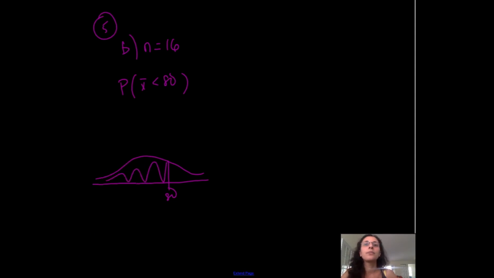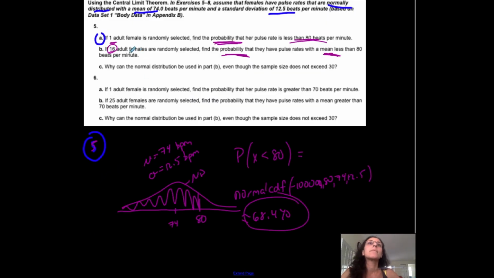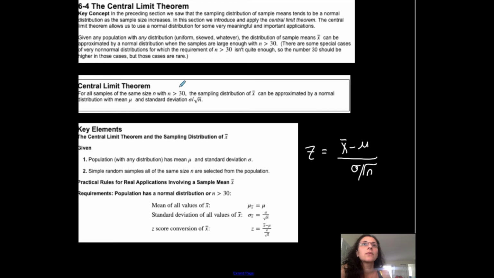But first of all, can I use normal CDF? Am I allowed to? This is the Central Limit Theorem applied. Well, first of all, I'm not selecting more than 30, right? I have to select more than 30 if the population is not normally distributed. If the population is normally distributed, then I can select less than 30.